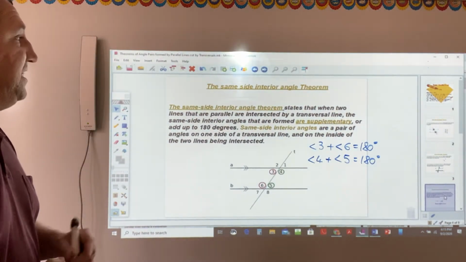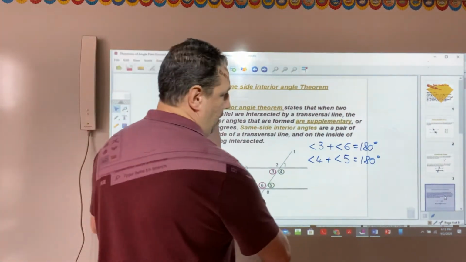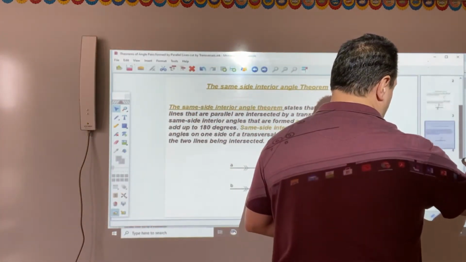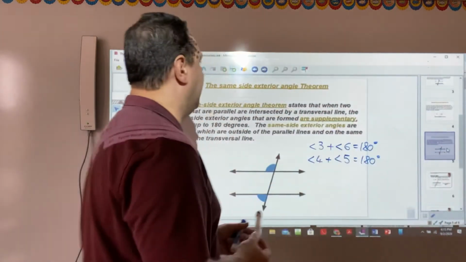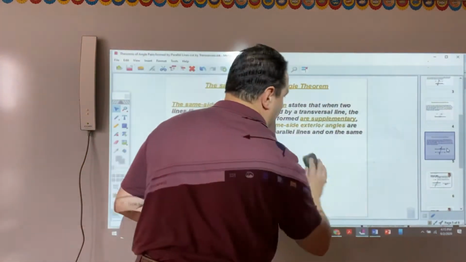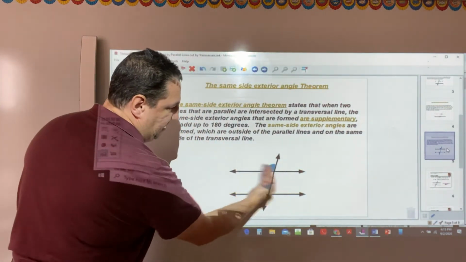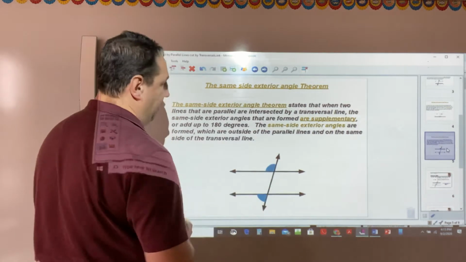What about exterior? We have another slide with same side exterior. As we can see, these two angles are same side but exterior, right?